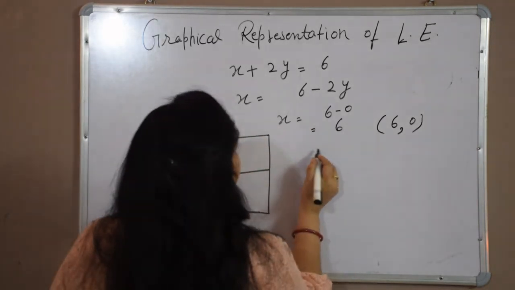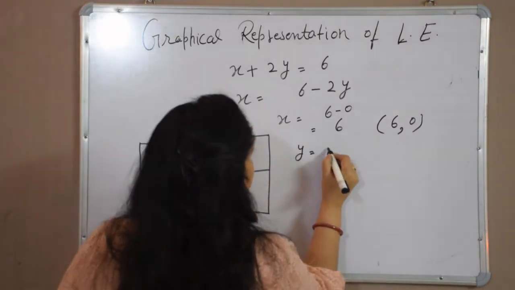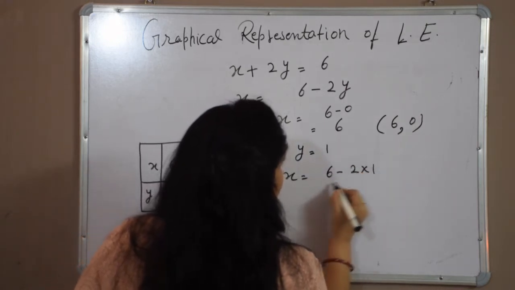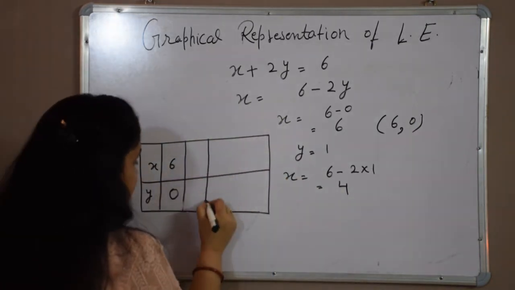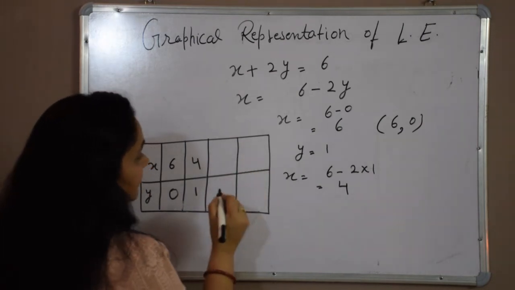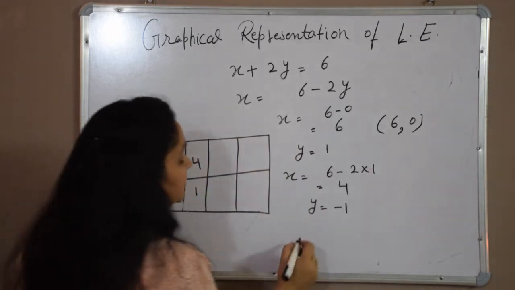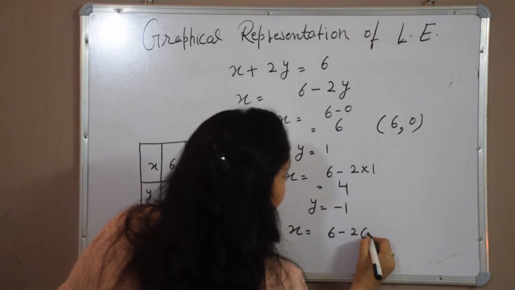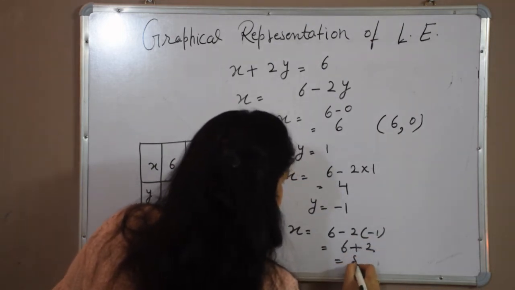Now, second thing, first of all, I chose y is equal to 0. Now I am choosing y is equal to 1. Accordingly, x is equal to 6 minus 2 into 1, that is 6 minus 2, that is 4. So whenever our y is 1, our x is 4. Now I am choosing y is equal to minus 1. So x is equal to 6 minus 2 into minus 1, that is 6 plus 2, that is 8.